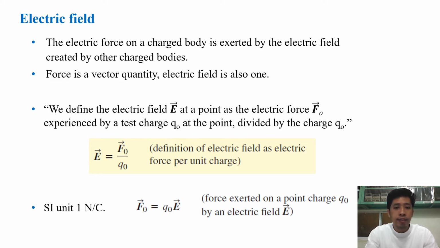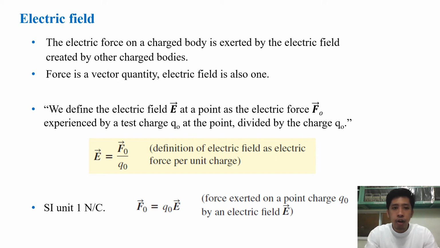We define the electric field at a point as the electric force F naught experienced by a test charge Q naught at that point divided by the charge Q naught. That is, mathematically, the vector E is equal to the vector F naught over Q naught. This is the definition of the electric field as electric force per unit charge.